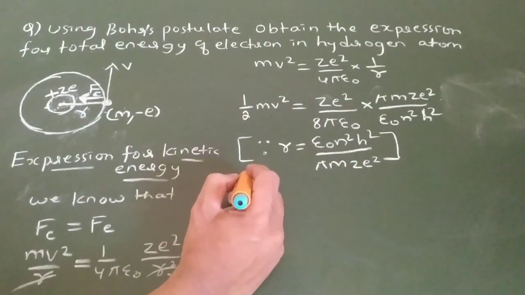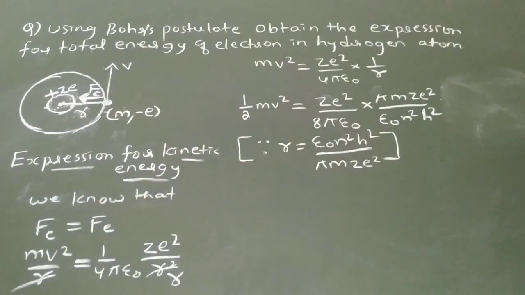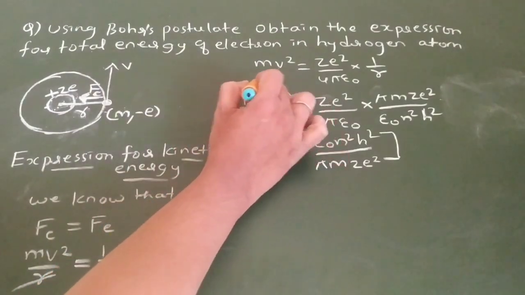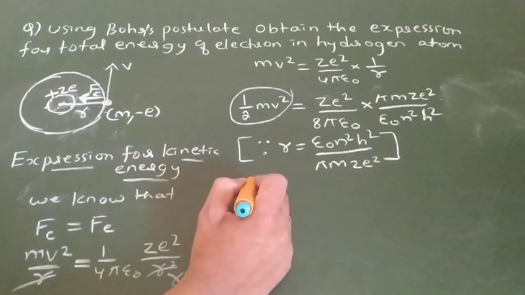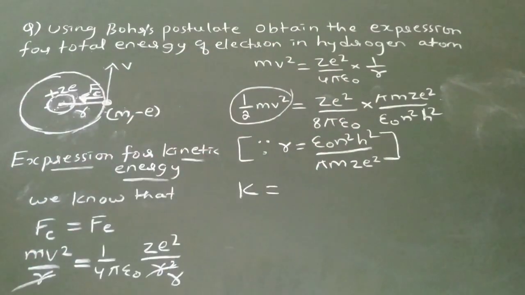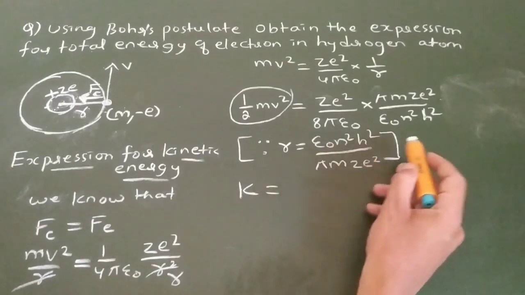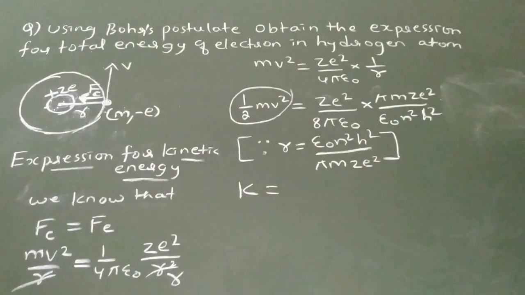So I can write the next step. What is this half mv square? This is nothing but K, the kinetic energy. So the kinetic energy will be equal to this. Let's see, is there anything which I can cancel?